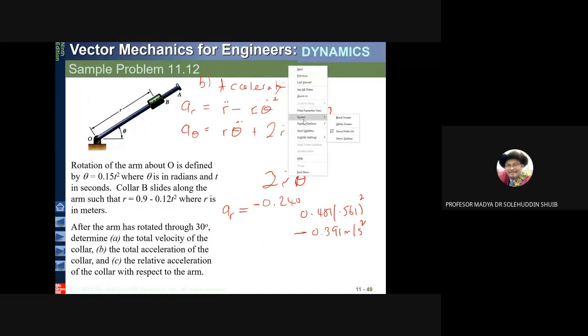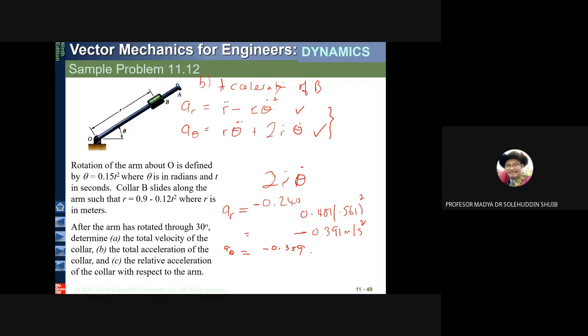Same thing for transverse. So you get AR minus 0.391. For A theta, you substitute the value, and you get 0.359.